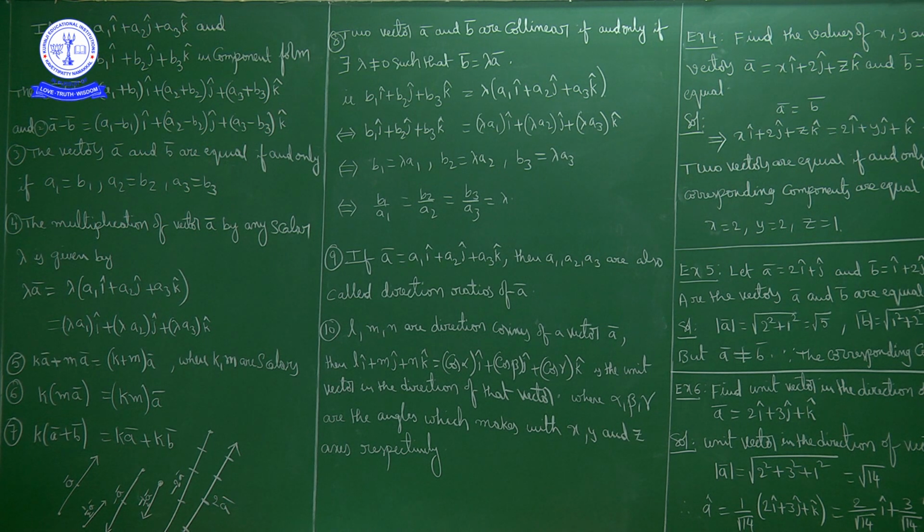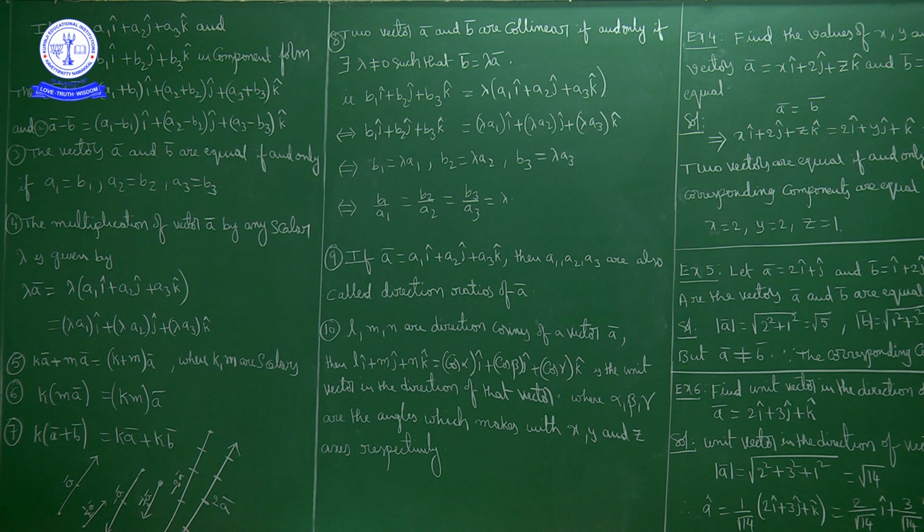Okay. How did we write the sum and the difference of the vectors A bar and B bar? Add the corresponding i components, corresponding j components, corresponding k components. Subtraction is also like that: the difference of corresponding i components, j components, and k components.